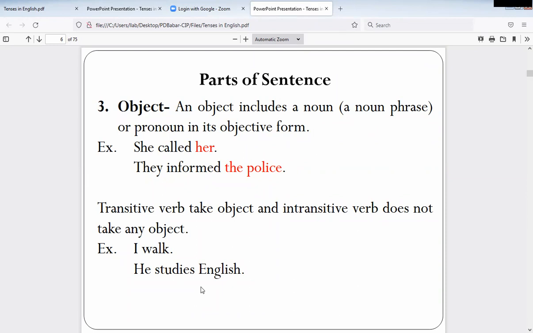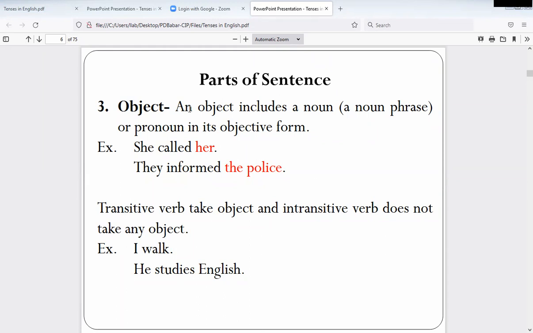So let's see its definition and the information about the object.